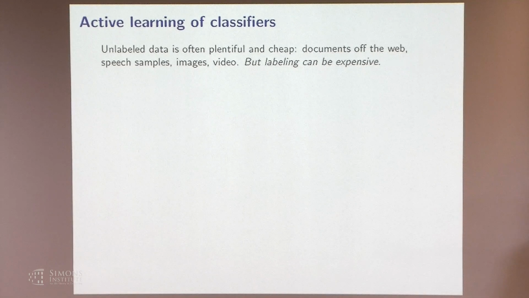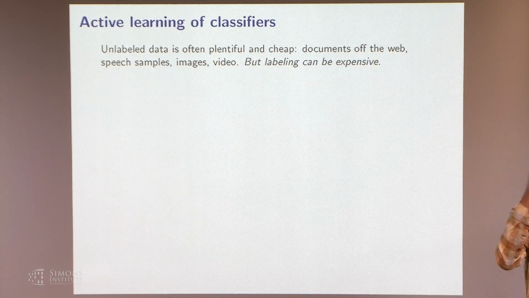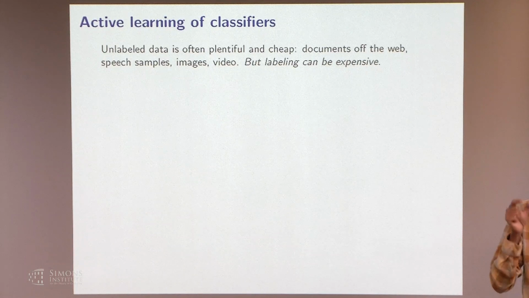If you are doing computational drug design, you can come up with vast amounts of unlabeled data, libraries of virtual chemical compounds. But if you want to label one of these points, if you want to figure out whether it binds to a target of interest, a wet lab experiment has to be done.